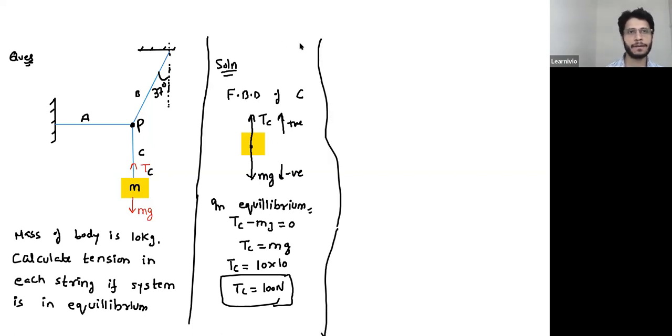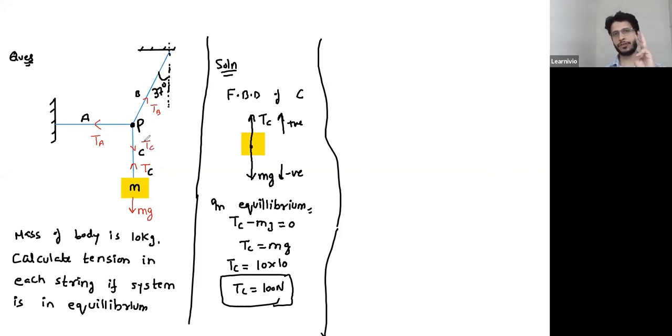Now let's consider this point P. Three tensions are acting over it: one here, TA, one here, TB, and one here, TC.